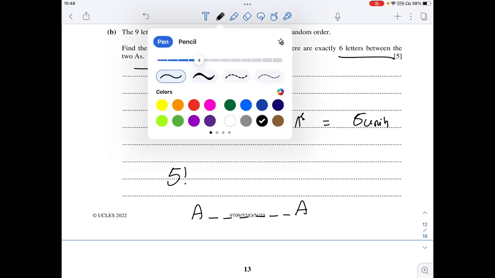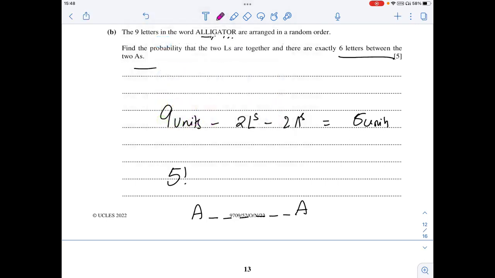If at all 6 alphabets are there, you can see that those two L's can take place as 1, 2, 3, 4, 5 places. First and second place, second and third place, third and fourth place, fourth and fifth place, fifth and sixth place. So totally how many ways can those two L's be placed together? They can be placed in 5 ways.